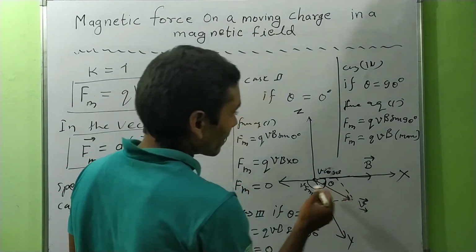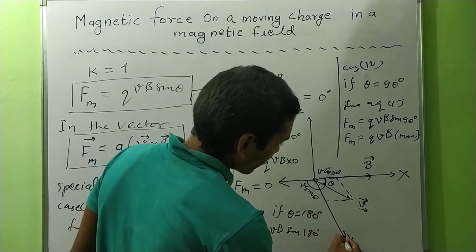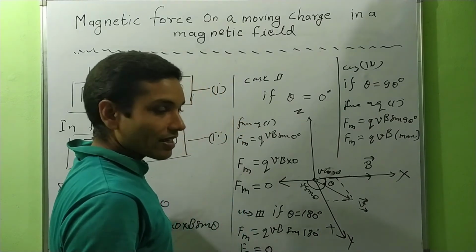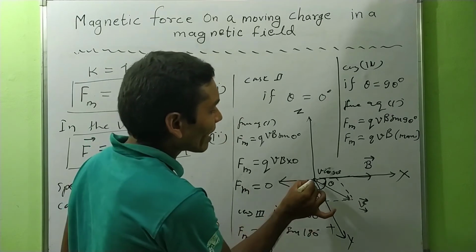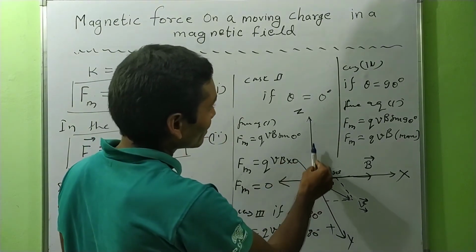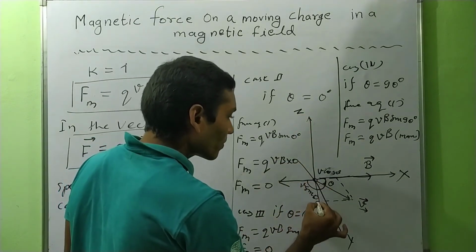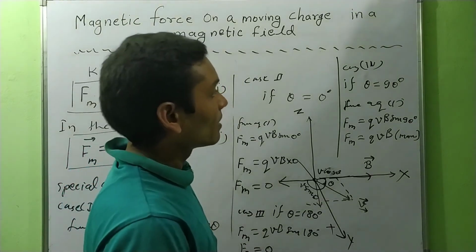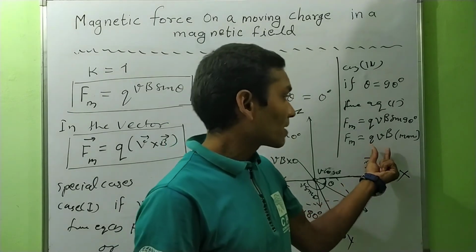Perpendicular means it can move along the positive y-axis, along the negative y-axis, along the z-axis or along the minus z-axis. In these cases, the force on the charged particle will be maximum, that is qvB.